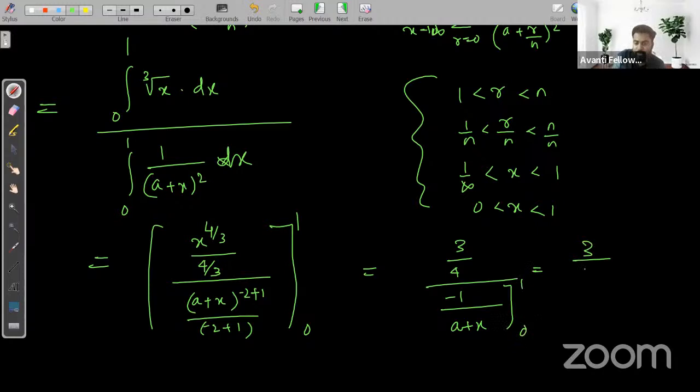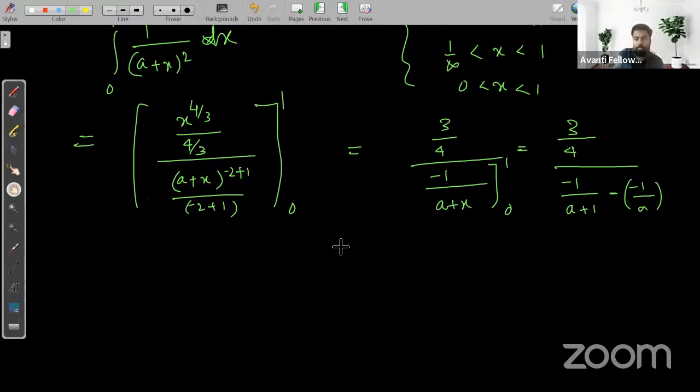So this is equal to 3 by 4 divided by, we'll put the limit, minus 1 upon a plus 1 minus 1 upon a, right? So finally, after calculations, we are getting 3 by 4 divided by minus 1 by a plus 1 plus 1 by a, and after simplification we will get one quadratic expression.